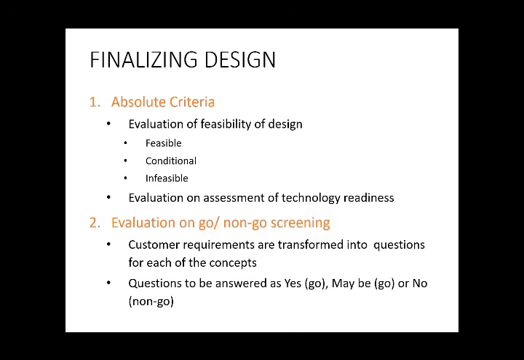The customer requirements are made into questions. For each of the requirements of the customer, one particular question will be made, whether the product is satisfying this requirement. If the answer is yes, then it is a go, and if the answer is no, it means that the requirement is not met, so it is a no go. So no go means the design is rejected because it is not satisfying the customer requirement.